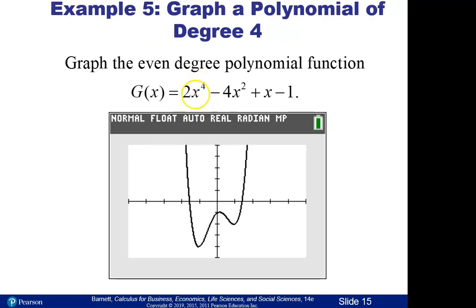Okay, this one is an even degree with a positive leading coefficient, so again it comes from positive infinity, and if we look at the number of turns, we've got 1, 2, 3 turns on a fourth degree polynomial. So you can have as many as 3 turns. You can have as many as 1 less than the degree for the number of turns.